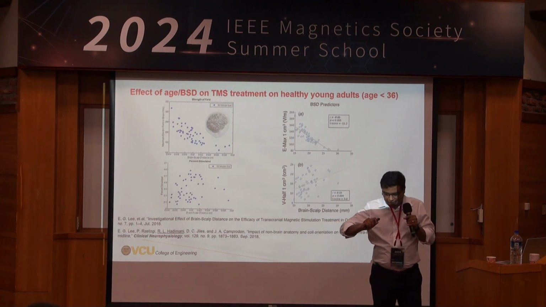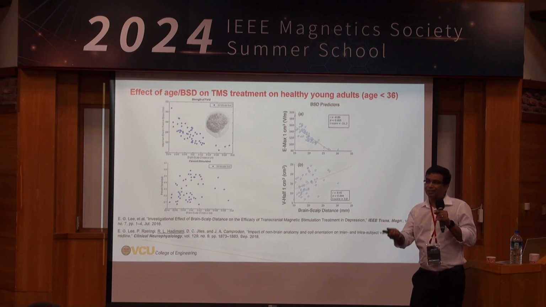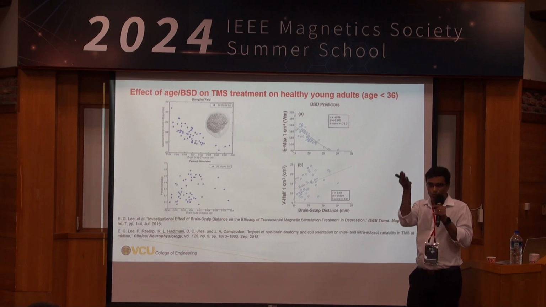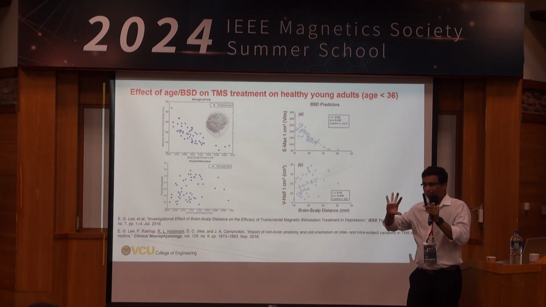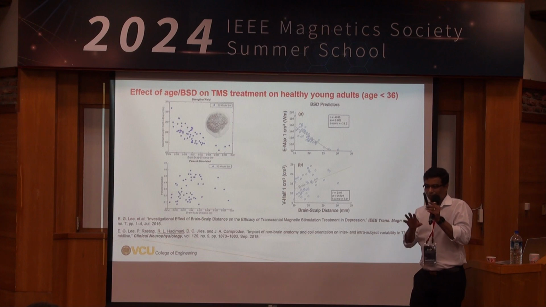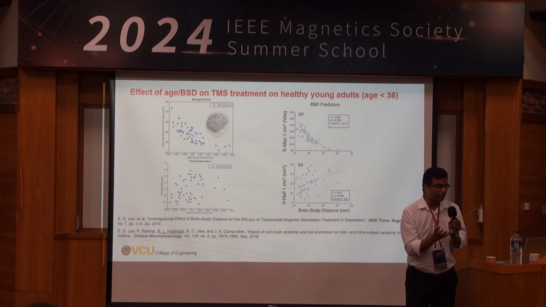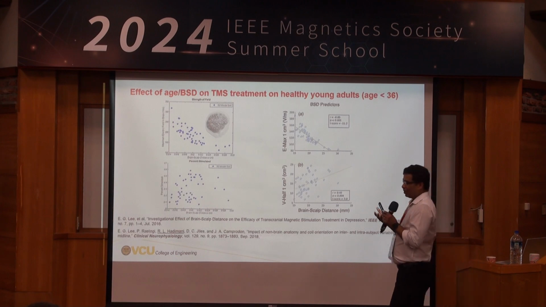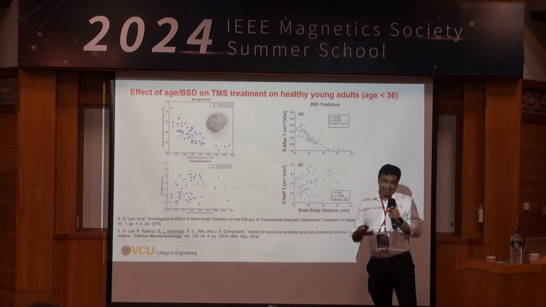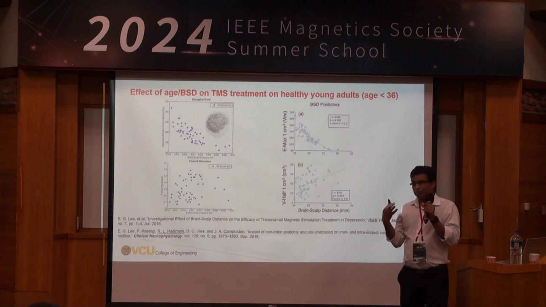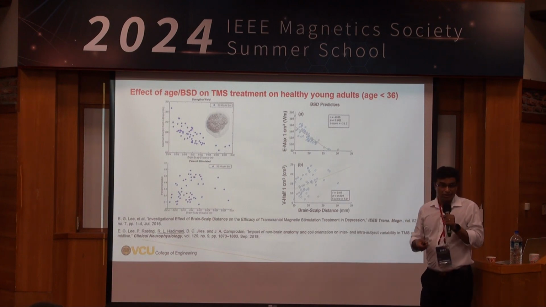And when you increase the stimulation intensity to get that 150 volt per meter threshold, because you are increasing the intensity to reach that threshold, you end up stimulating a larger area of the brain. And when you stimulate a larger area of the brain, you are more prone to induce seizures.